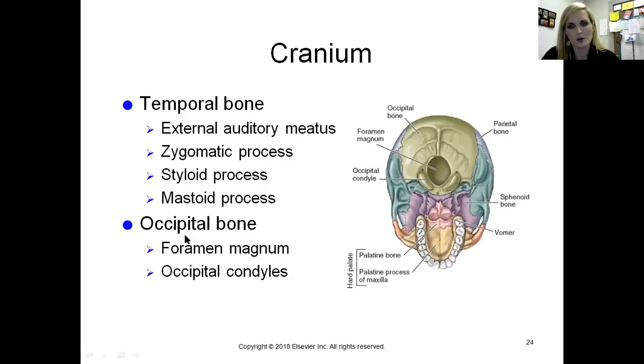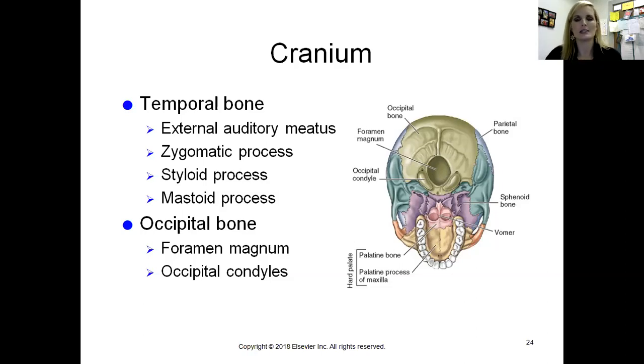Just know the bones. In the occipital bone, if you guys can see in this picture over here on the right, again, that was that green colored bone from that diagram. That was the bone we labeled as number 4. If we look at it from underneath, you will see that there's a big hole in the middle of it. That hole, called the foramen magnum, if you guys remember from a couple slides ago, we talked about how foramen means opening.